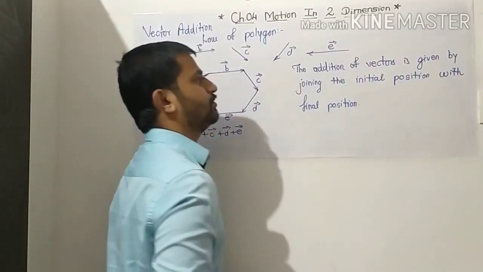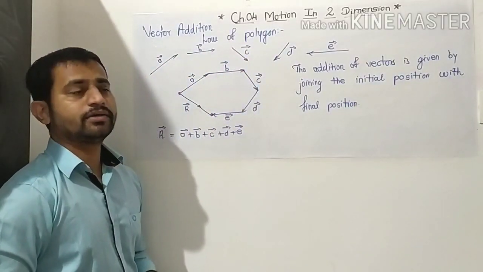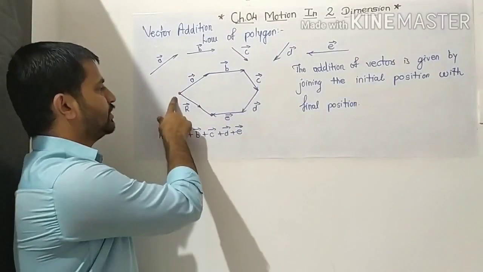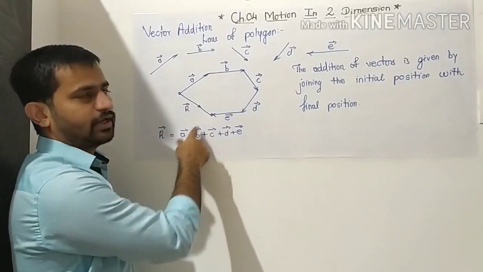The addition of the vectors is given by joining the initial position with respect to the final position.